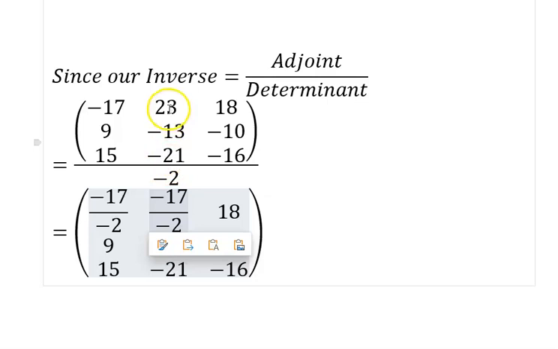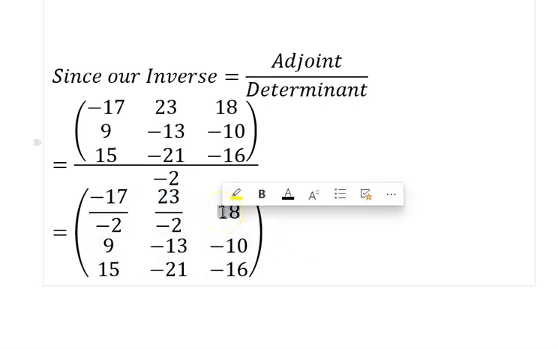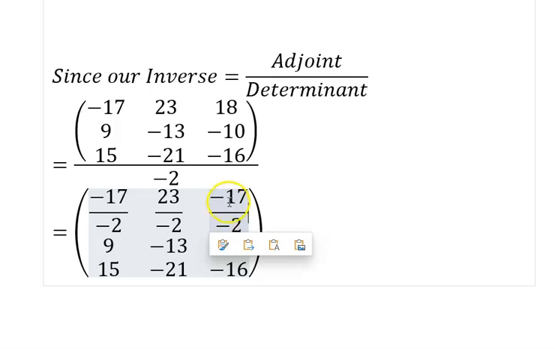So here we have 23 divided by minus 2. Here we have 18 divided by minus 2. Here we have 9 divided by minus 2.